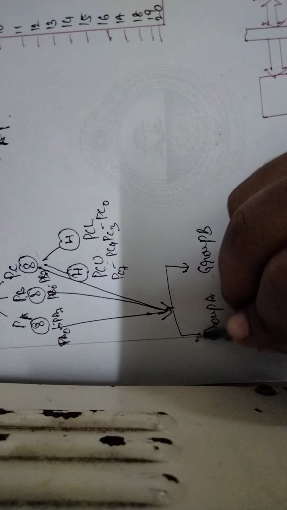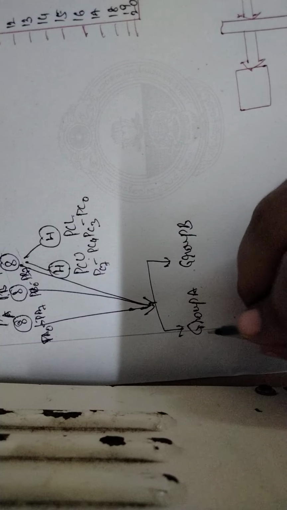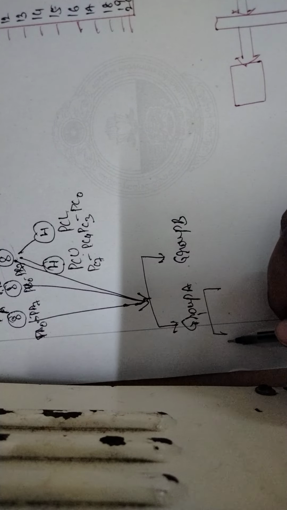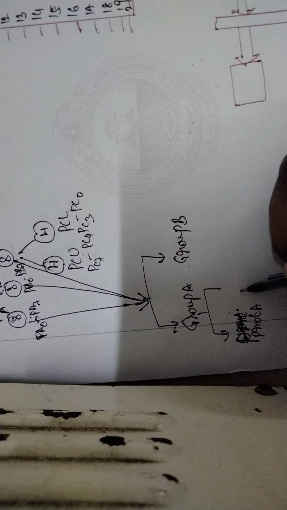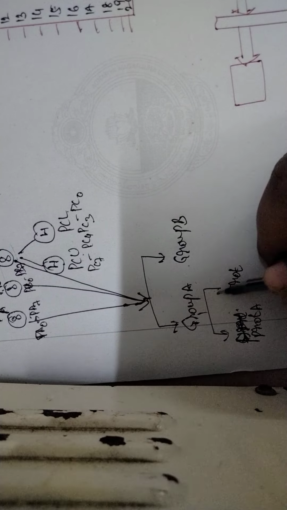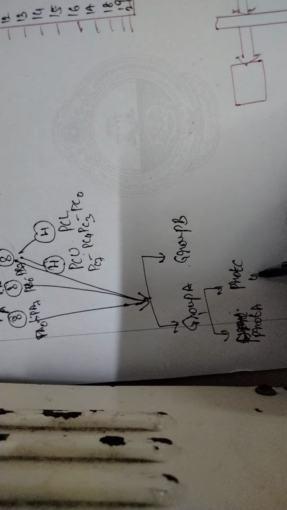Group A has 2 parts: port A and port C upper.